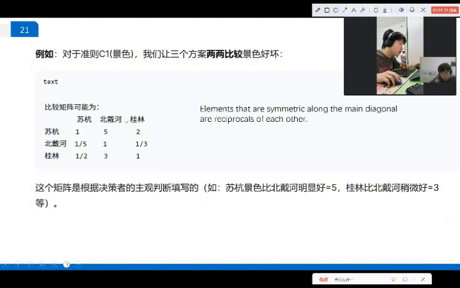If we think the scenery in Beidaihe is the worst, we put the biggest number here. So we fill this table, and for example, Suhang's scenery could be 5 times better than Beidaihe's. As you can see, the diagonal entries are 1, because one thing divided by itself must be 1. And the elements symmetric along the main diagonal are reciprocals of each other.